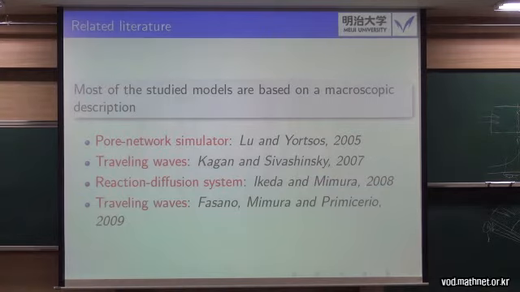For example, in the first case here, these people use a kind of pore network simulator to investigate this fingering instability using the same diffusion type mechanism, the diffusion instability mechanism. Most of the works here are just interested in the existence of traveling waves in this kind of problem.